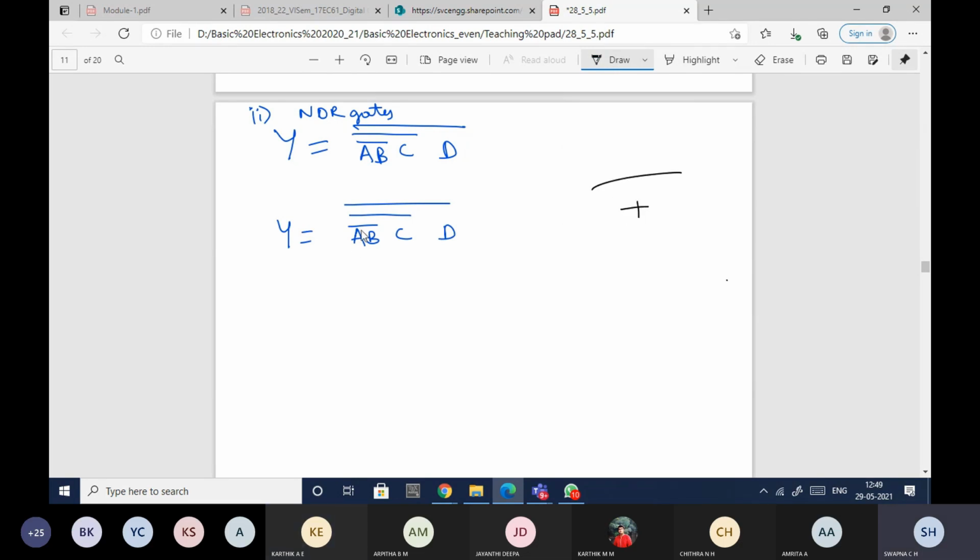Okay, so if you observe here, everywhere I have dot. So what I'll do, I'll just try to expand this. A B bar can be represented as A bar plus B bar. Okay, this one I have expanded.